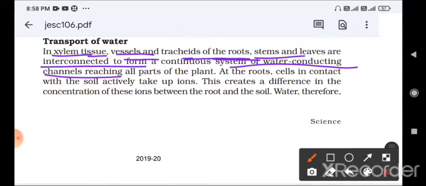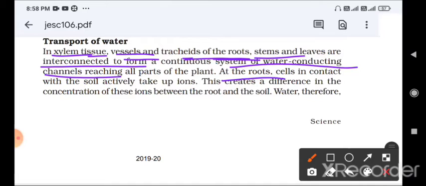The tracheids and vessels of the roots, stems and leaves are interconnected to form a continuous channel, and they transport the water molecules to different parts of the plant.